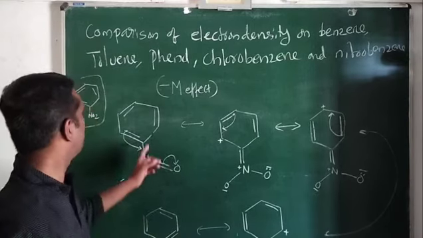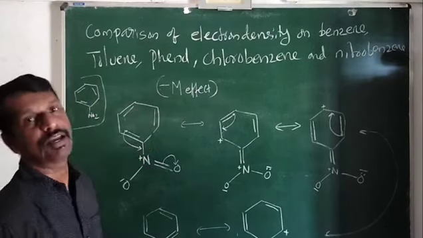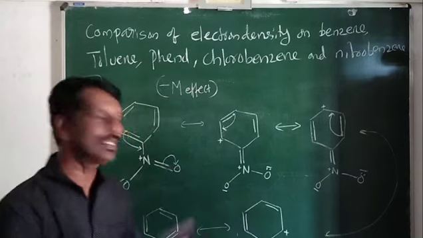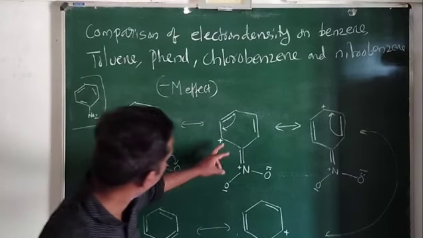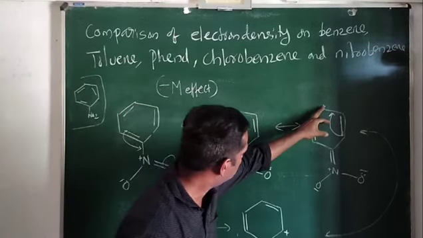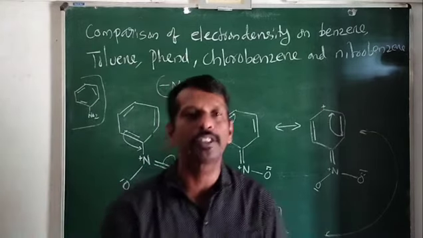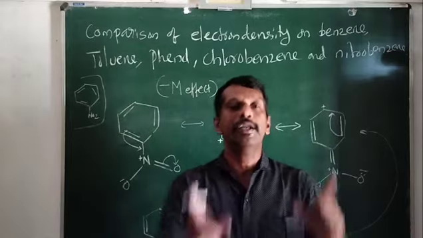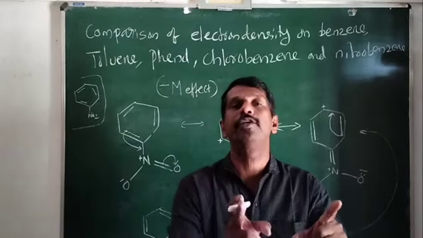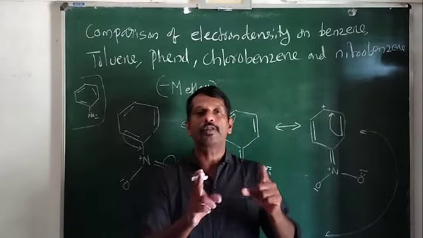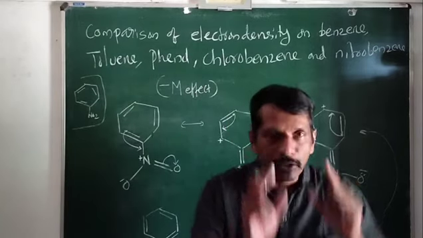Anyway, look at it here. Because of the minus M effect, minus R effect, we can see that the ortho position, para position, and again the other ortho position in nitrobenzene are positively charged. That is important here.